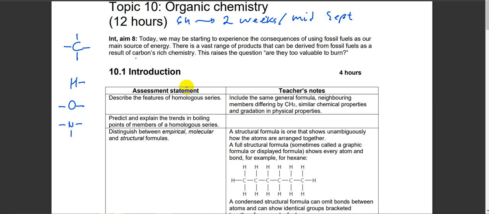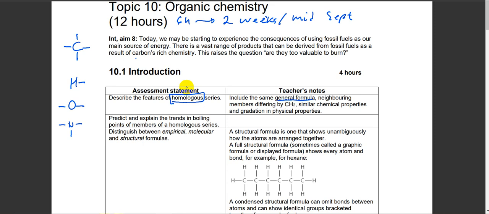Let's start with assessment statement number one from 10.1. This is: describe the features of a homologous series. Homologous or homologue is a new term for you. Basically, this refers to the same general formula.